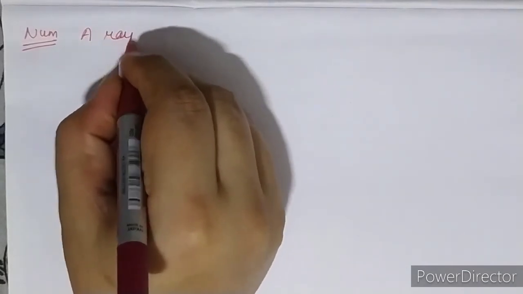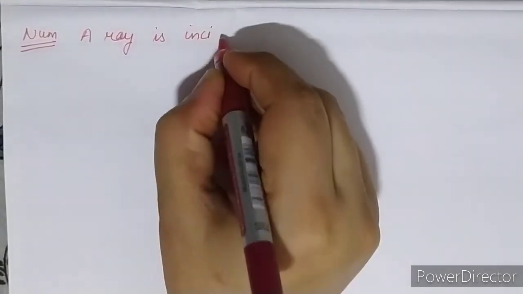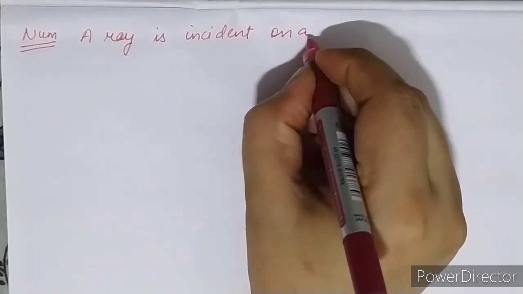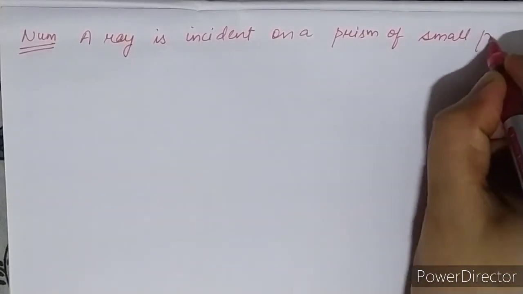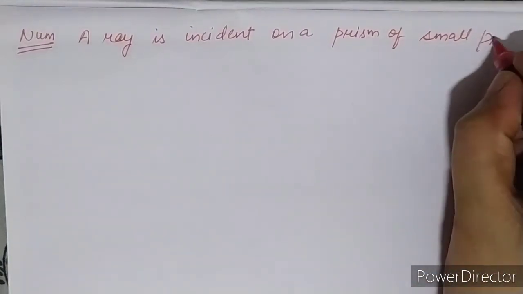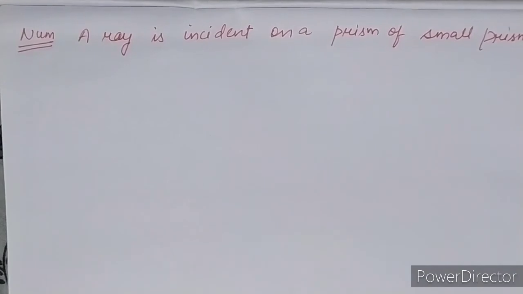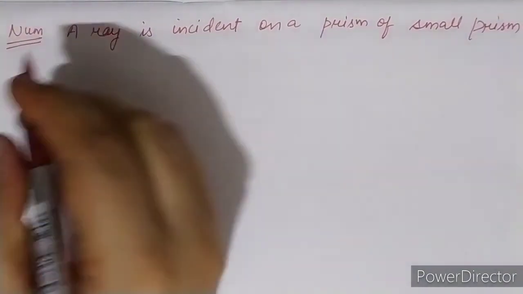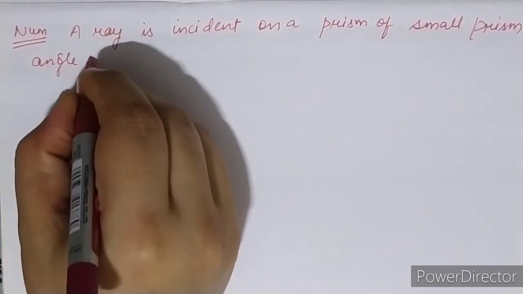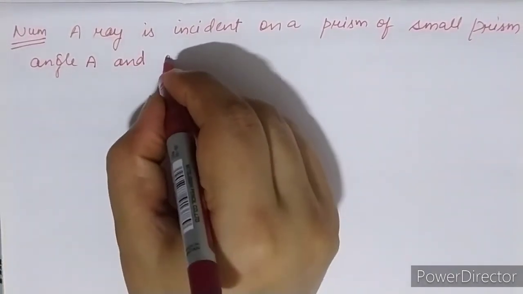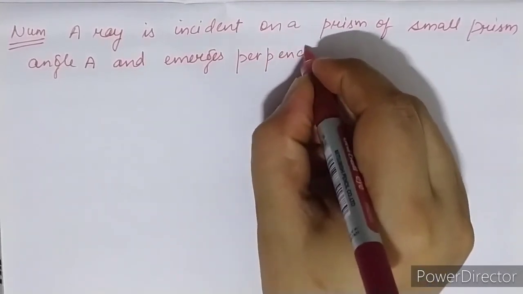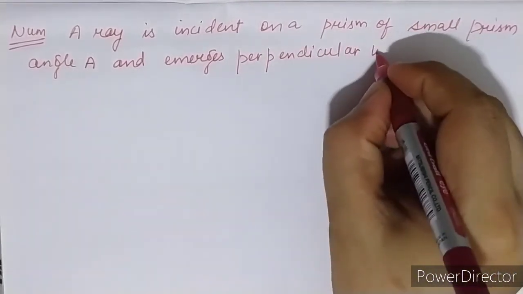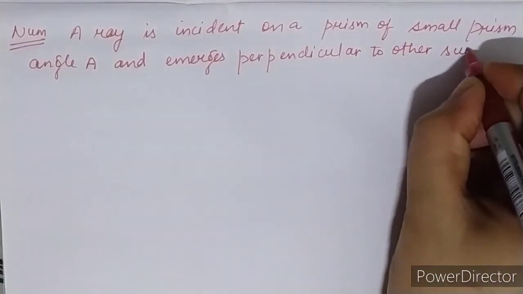A ray is incident on a prism of small prism angle A and emerges perpendicular to the other surface.